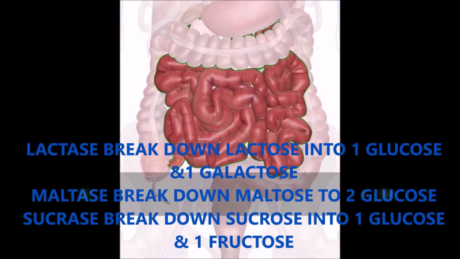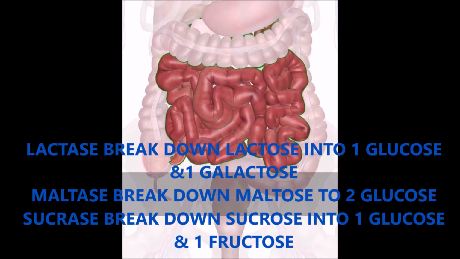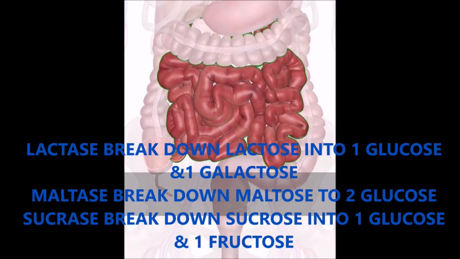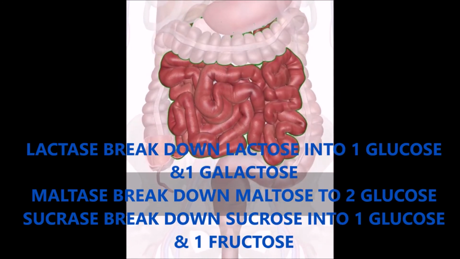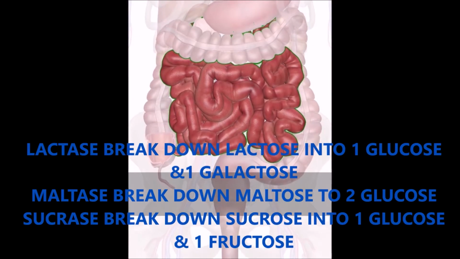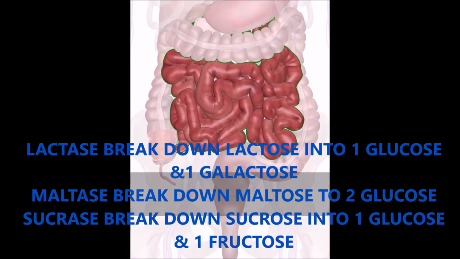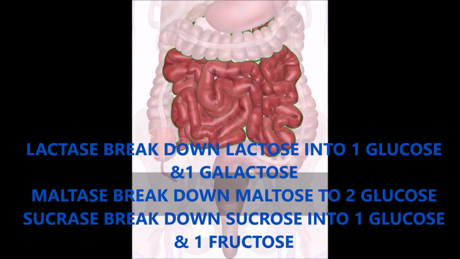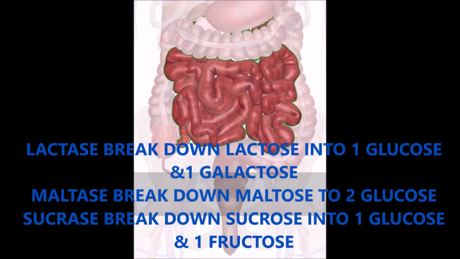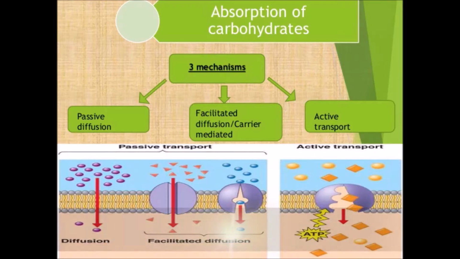Lactase will break down lactose into one molecule of glucose and one molecule of galactose. Sucrase will break down sucrose into one molecule of glucose and one molecule of fructose, while maltase will break down maltose into two molecules of glucose.